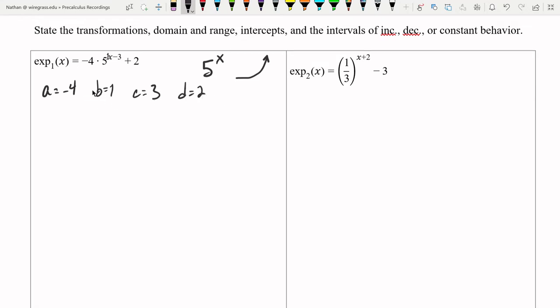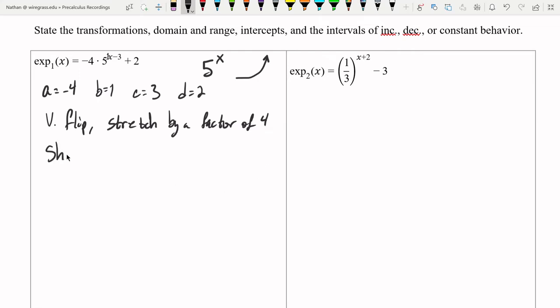So since C over B is just 3 over 1, so 3, we know it's going to be shifted right. And we also know it's going to be shifted up. So shifted right 3 units, shifted up 2 units. But not before we do a vertical flip, and then a stretch by a factor of 4.